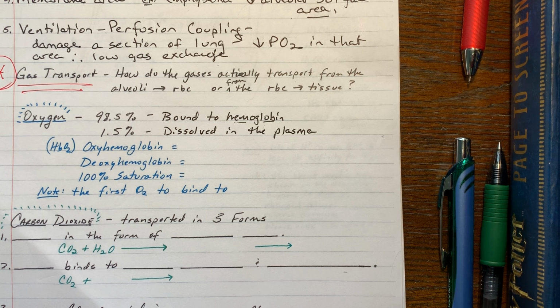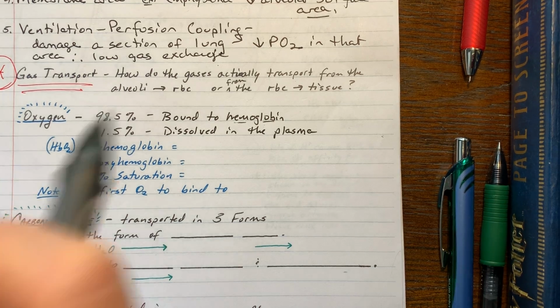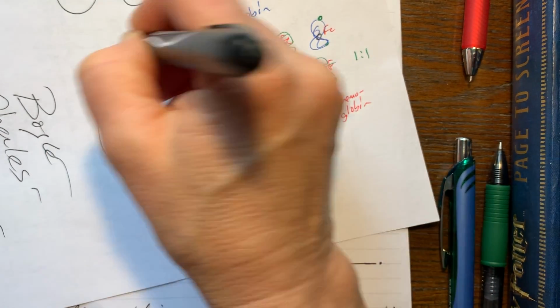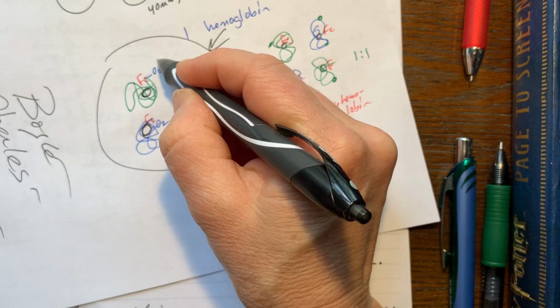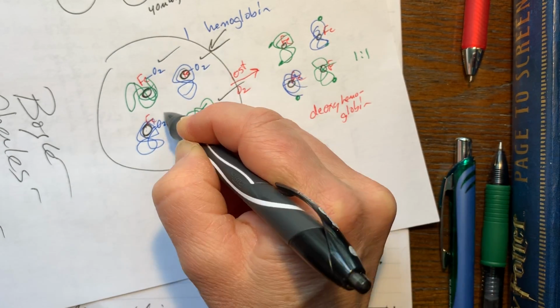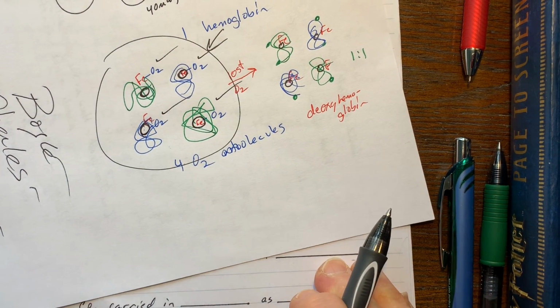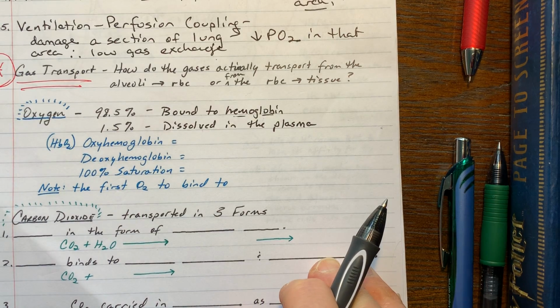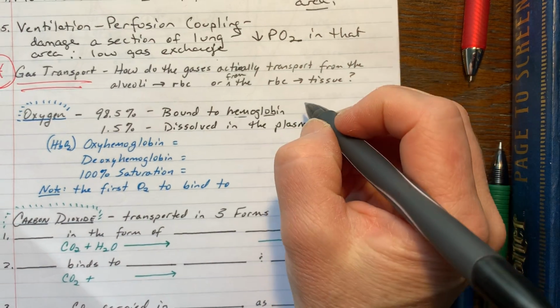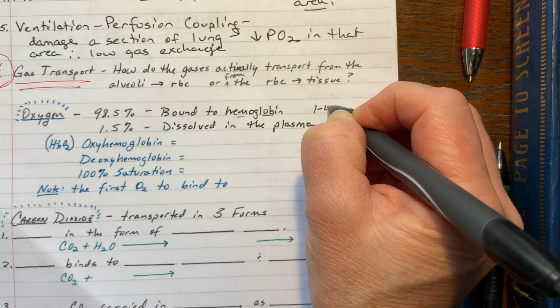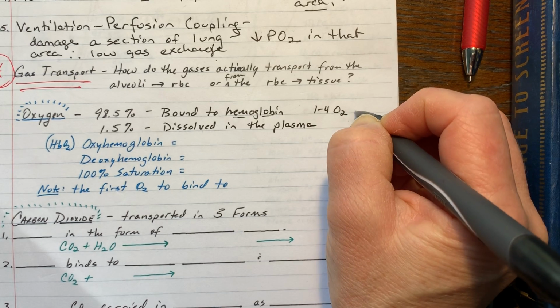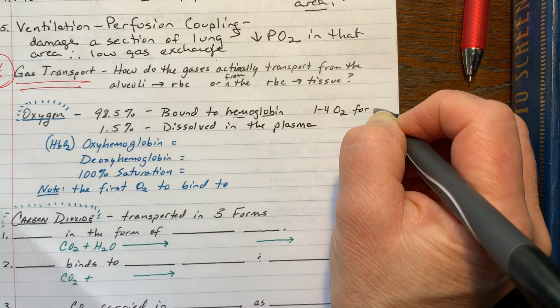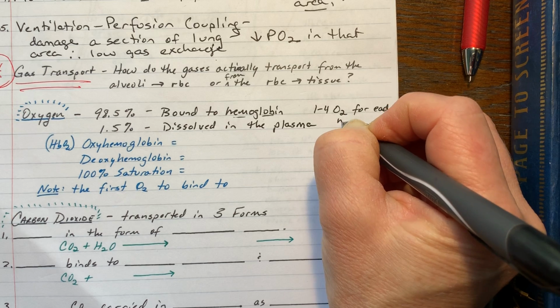And we know that one hemoglobin can carry up to 1, 2, 3, 4 oxygens. Okay? So bound to hemoglobin, 1 to 4 oxygens for each hemoglobin.